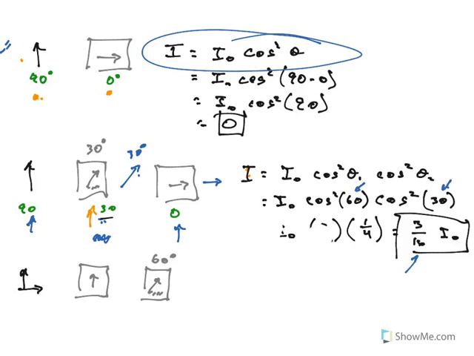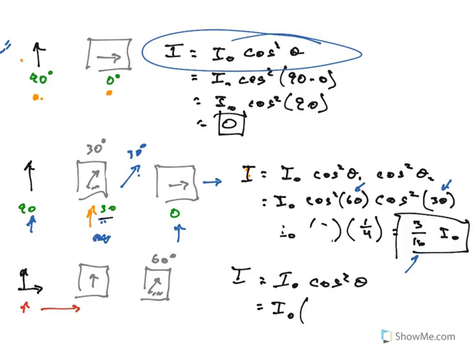Well, the rule for unpolarized light, so this is unpolarized light here. The rule is, no matter what your first polarizer is, doesn't matter which direction it's angled at, you always get a half. So I'd say, okay, I is I naught cosine squared theta, this is my law of Malus.